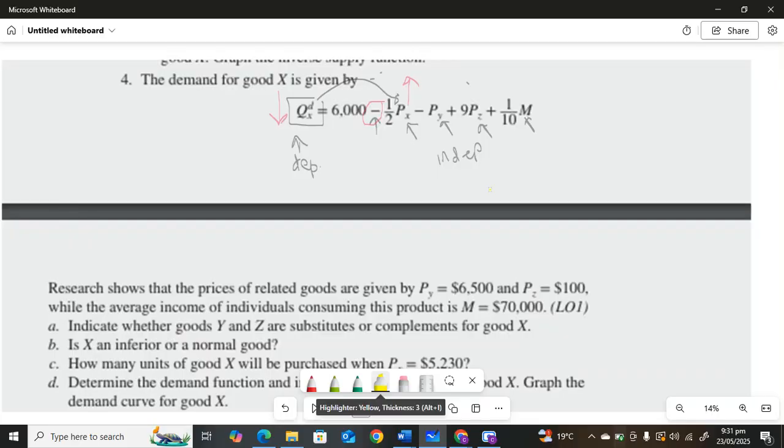Yes, there's a negative relationship. Basically, the law of demand. Remember the law of demand? Inverse relationship between price and quantity demanded, ceteris paribus.